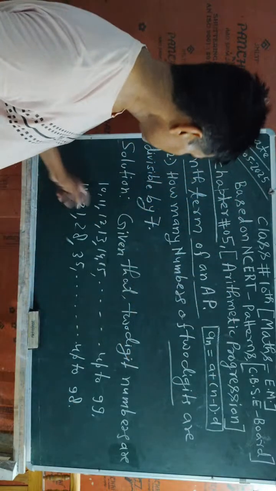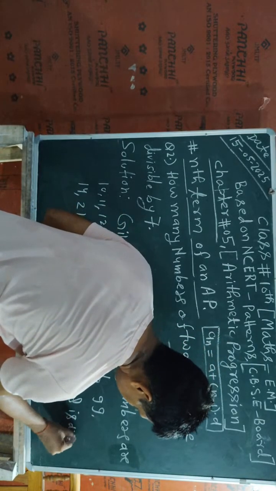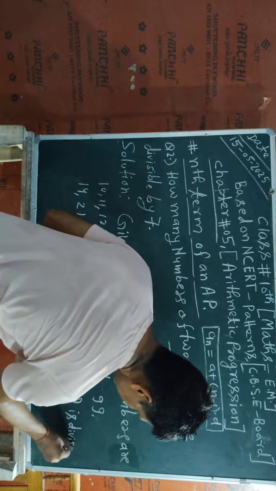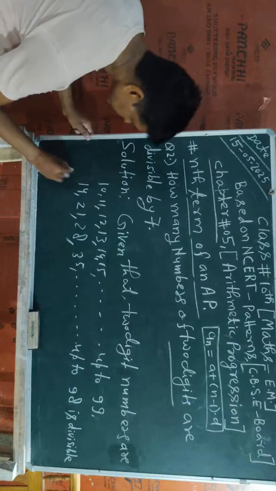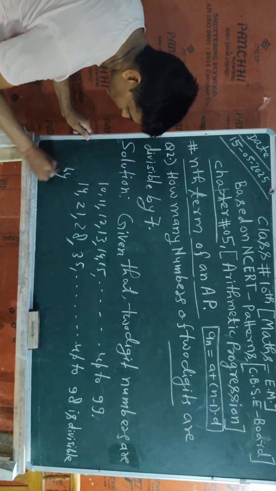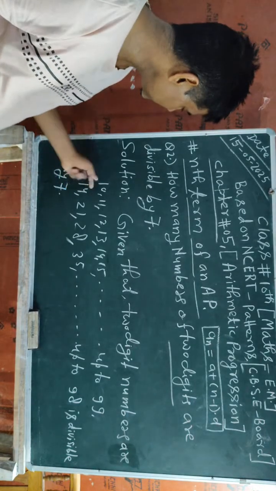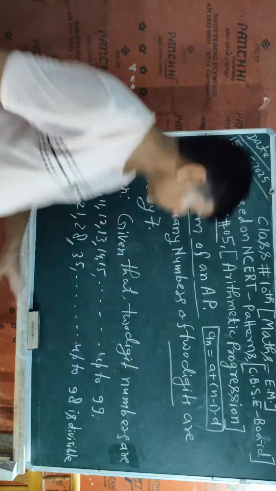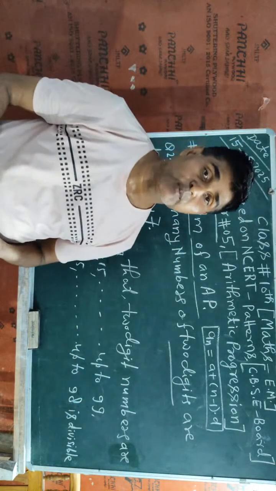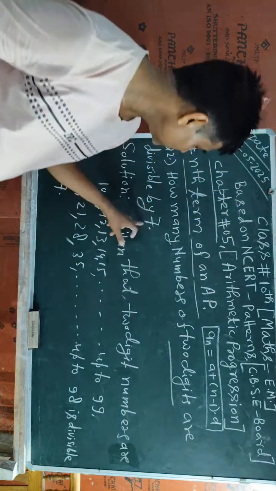It means each is divisible by 7. That information I have to write here. So 2 digit numbers I have written here from 10 to 99, but only those numbers we have to take which are divisible by 7, that is given in the question.